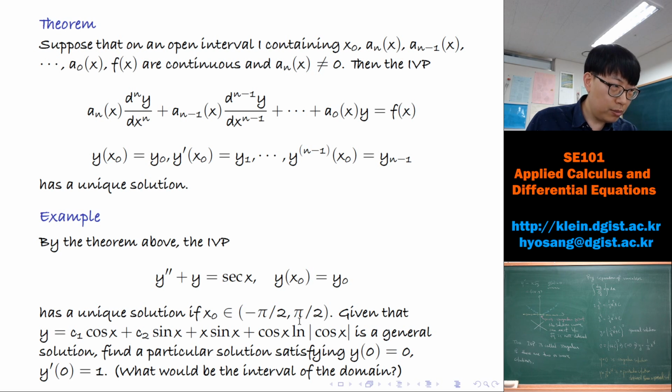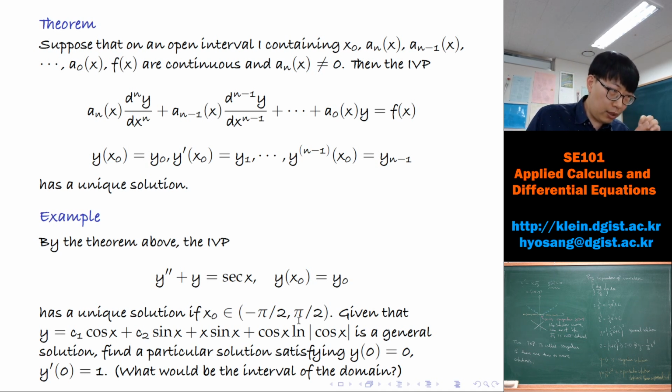Any value in this interval can be used as an initial point. That means if I choose any point in this interval, I will have a smooth curve near that point as a solution curve of this differential equation. So this interval can be used as a domain of definition of the solution curve.